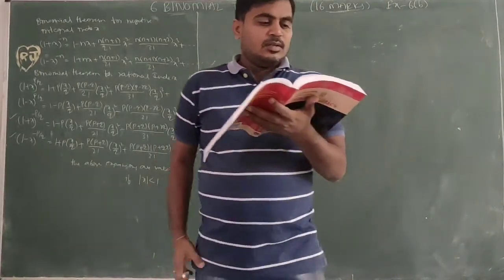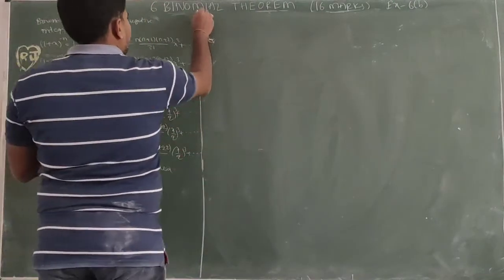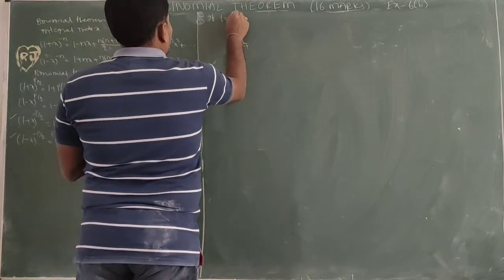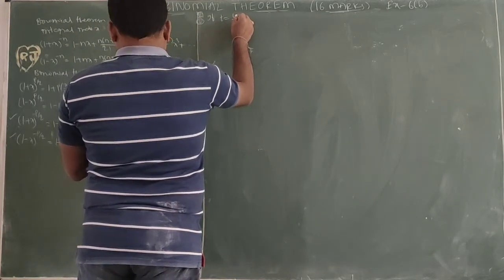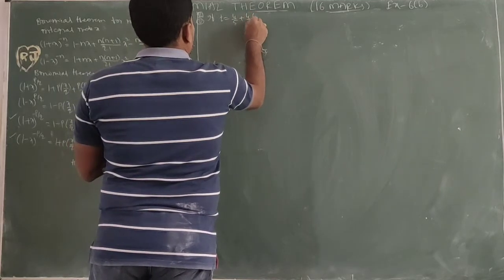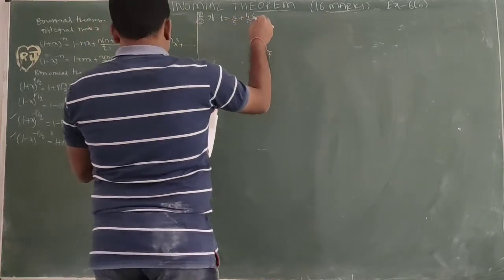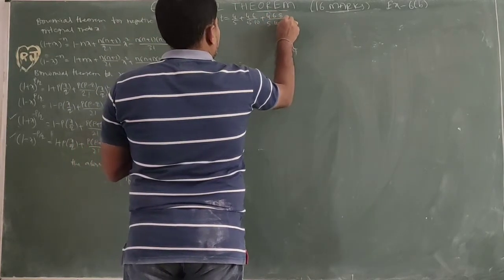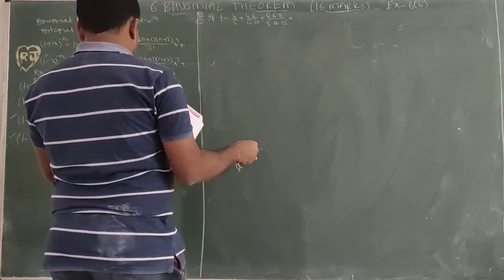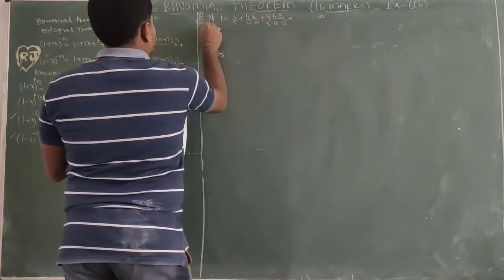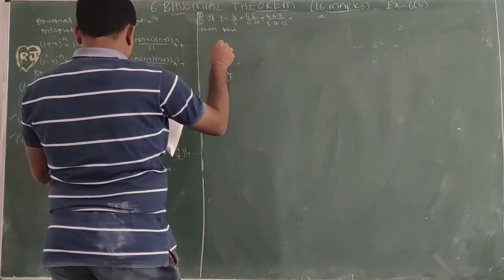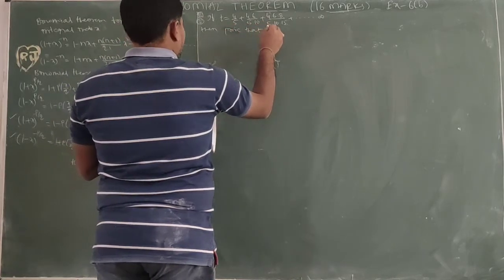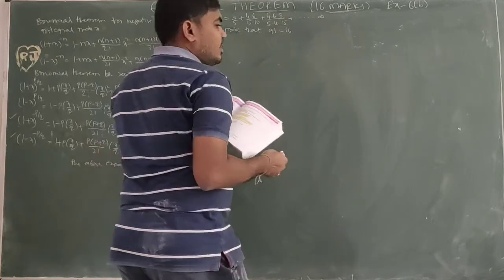This is the third bit, second question. If t equals 4 by 5 plus 4 into 6 by 5 into 10 plus 4 into 6 into 8 by 5 into 10 into 15 plus, up to so on, infinity number of terms, then prove that 9t equals 6.